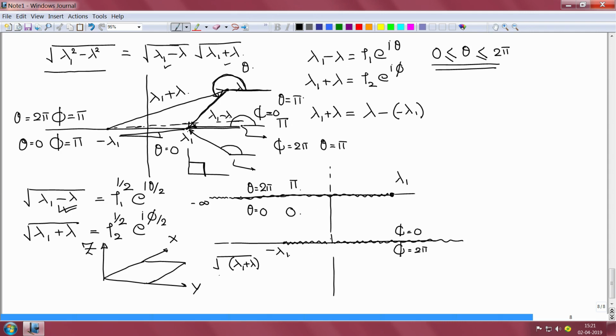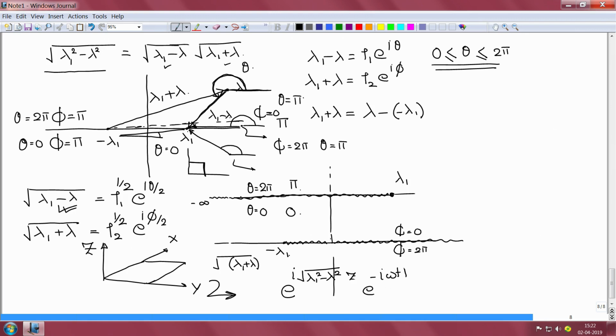The function that defines radiation in the z direction, the wave expression that defines the radiation, is given by e to the power of I square root of lambda 1 square minus lambda square z, e to the power of minus I omega t.